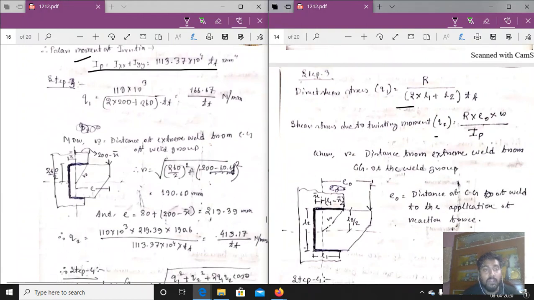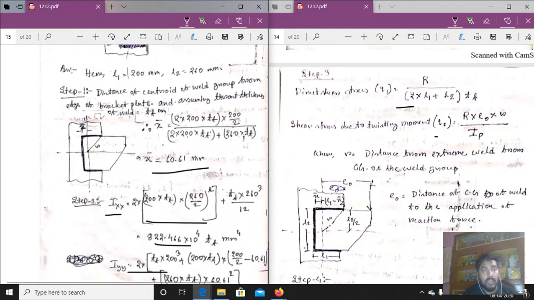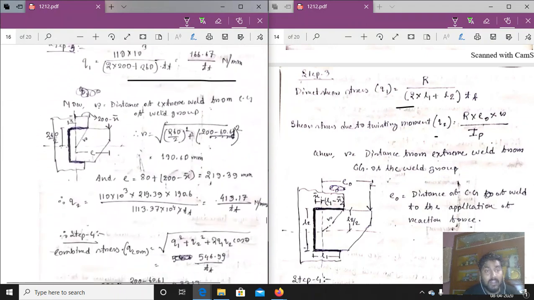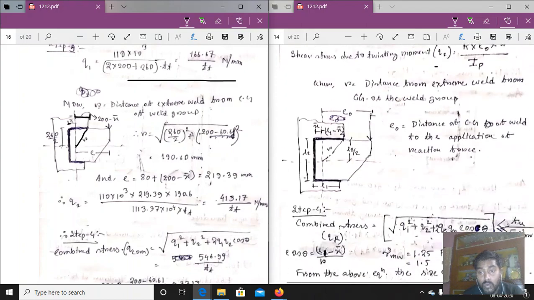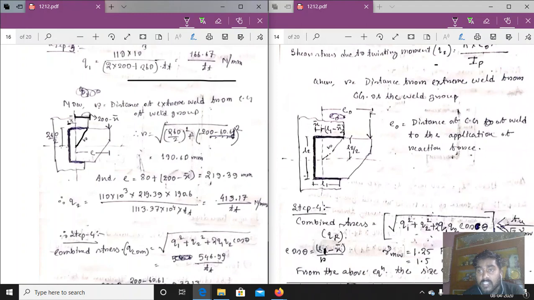Now comes step number 3, Q1 and Q2. Putting all the values, Q1 is determined like that. In the problem it is given that L1 equals 200 and L2 equals 260. I have written all that also. So putting all the values here, now coming to R. R is from here to here, the distance of the extreme weld from the weld group, so L1 minus x dash.